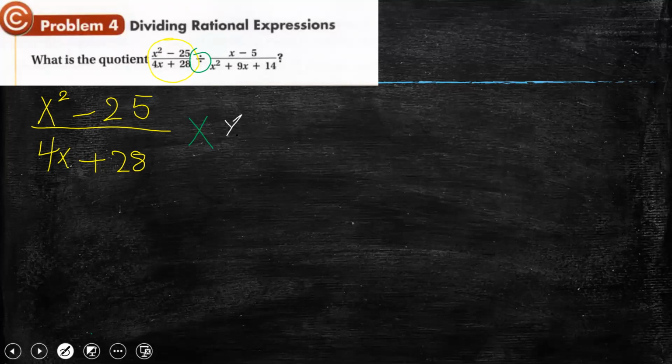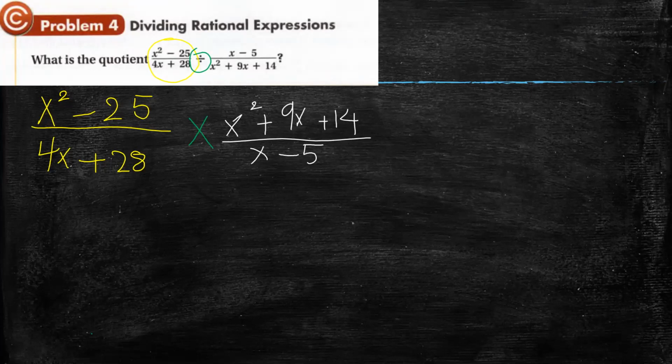So x squared plus 9x plus 14 over x minus 5. Is it clear? Yes, miss. This is the first step: keep the first fraction as it is, change the division to multiply, and write the reciprocal of the second one.